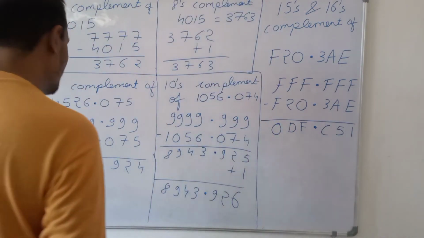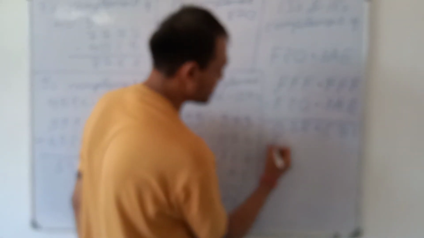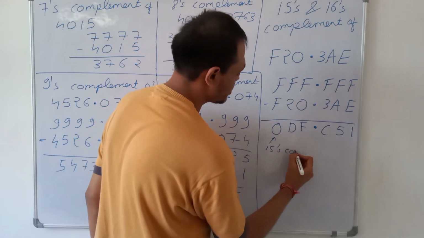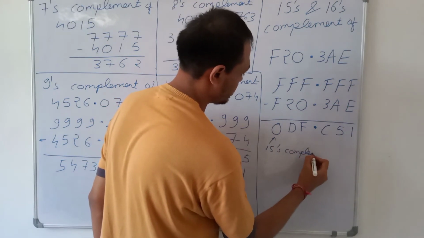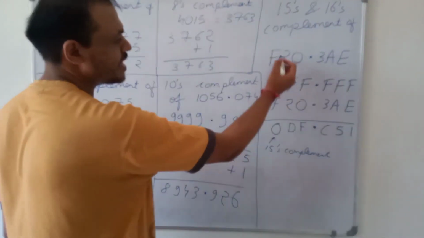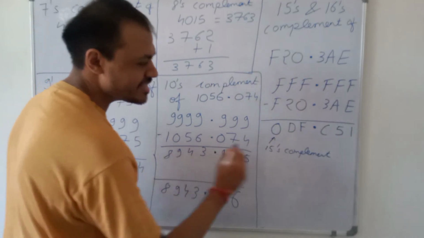So the 15th complement is 0DF.C51. This is the 15th complement of F20.3AE.